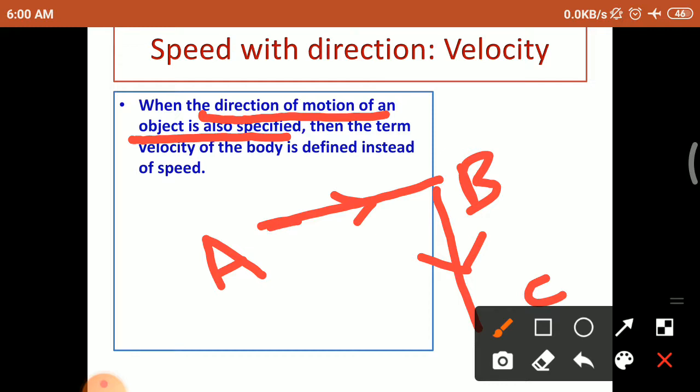When we measure the distance here, the direction of the object has changed, so instead of speed we have to calculate velocity, because the direction changed.